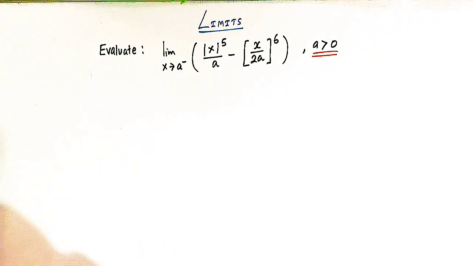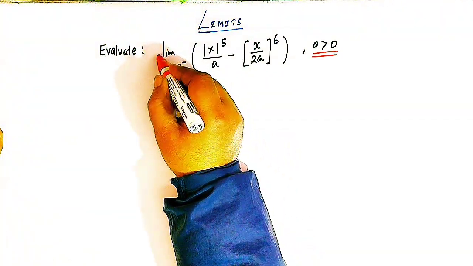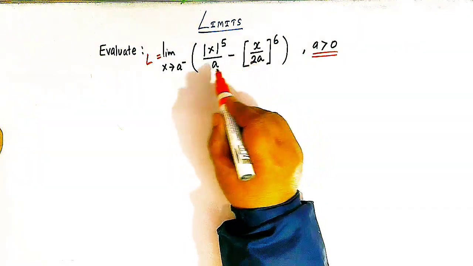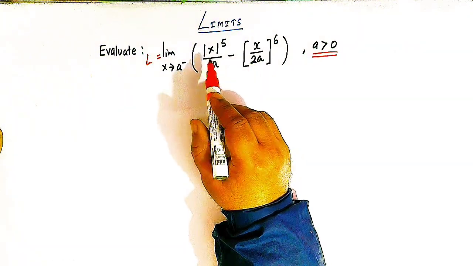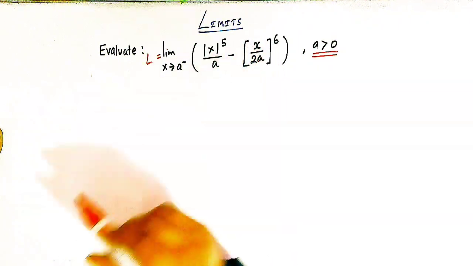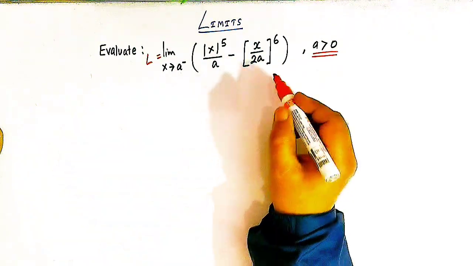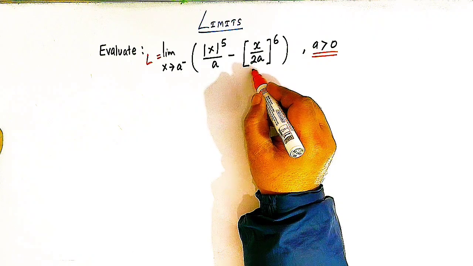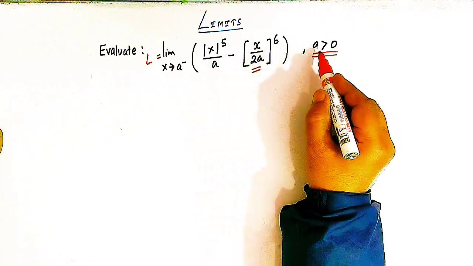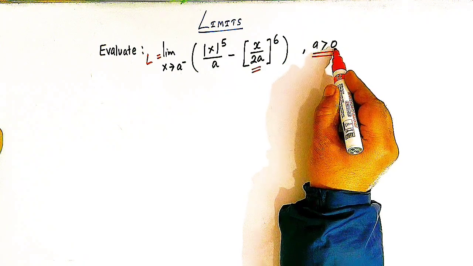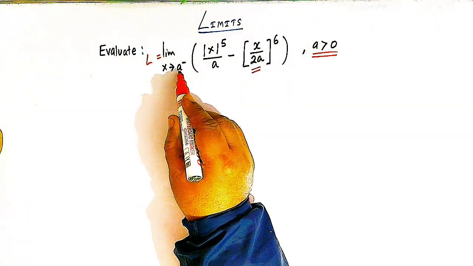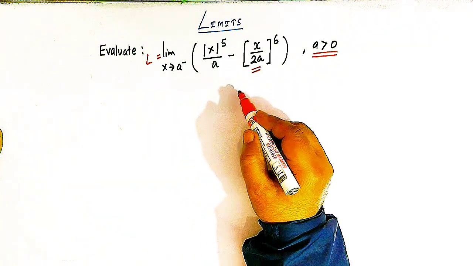Now see here we can call this limit as L. And here we have two terms, the first one containing the mod function and the second one containing the greatest integer function. So let us first take care of this term. Now see, here we are given a is greater than 0 and x is approaching a from the left of a.